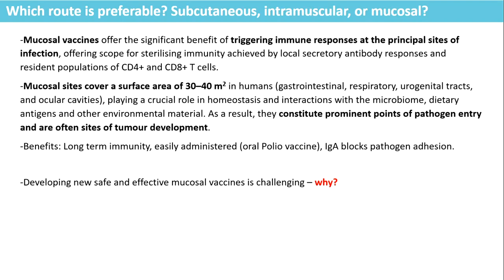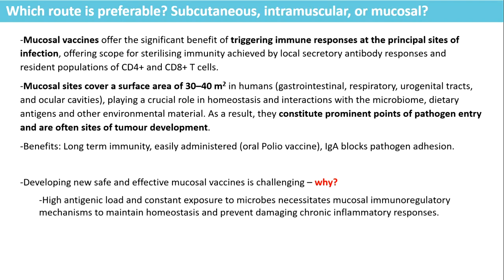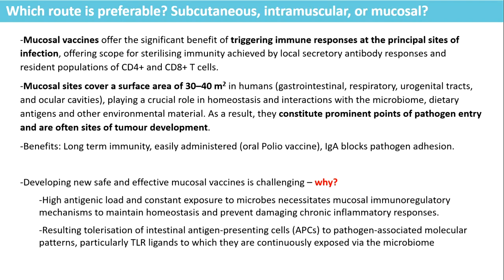That could potentially be a challenge to vaccination as well. But basically, I want you to think about tolerance, because when it comes to your GI tract, you're getting this really high antigenic load and exposure to microbiomes, so it's really important to maintain homeostasis, because we don't want chronic inflammatory responses. And thinking back to tolerance, how that might play a role if we were to have a mucosal vaccine. So those are things that you just need to consider.